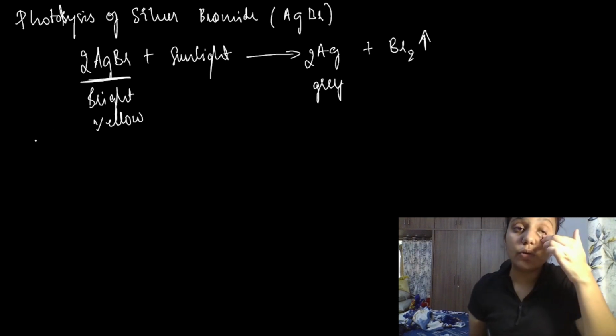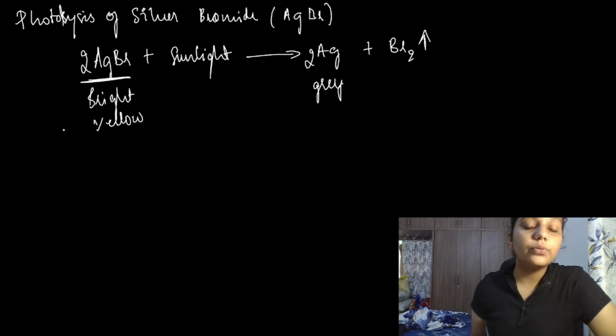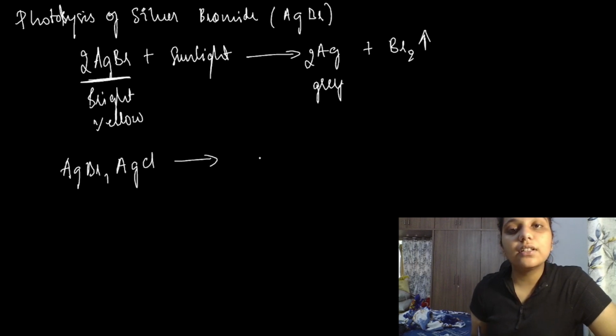The photolysis of silver chloride or silver bromide, AgCl and AgBr, is basically used in black and white photography. That you can remember.